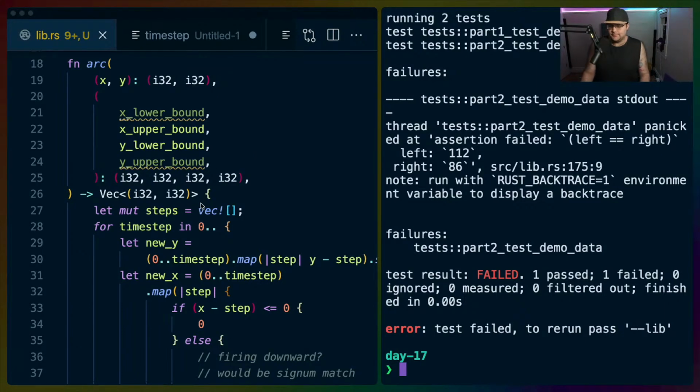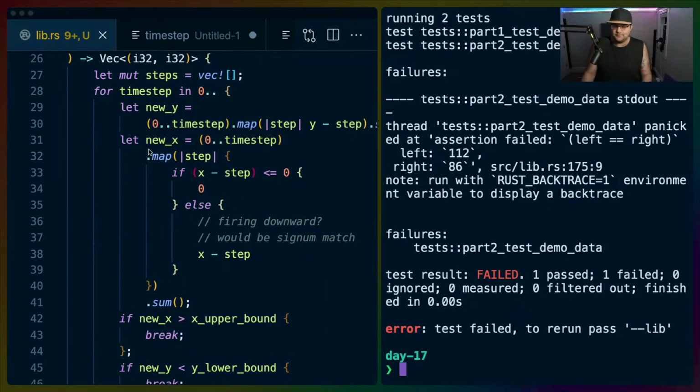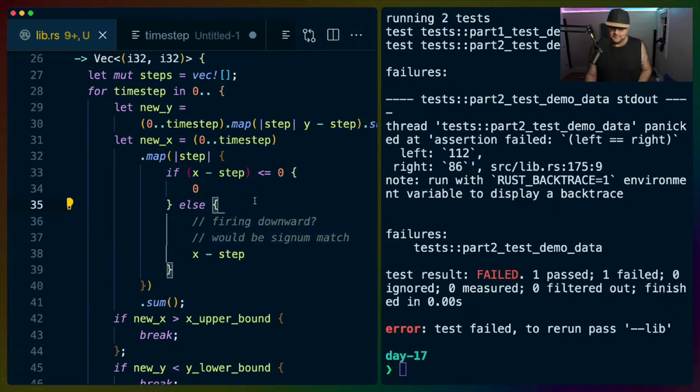What are we doing here? Time step. Oh, you know what? We don't handle the negatives here. Remember this comment that I wrote earlier? Actually, we don't have to handle negative x's. Never mind.